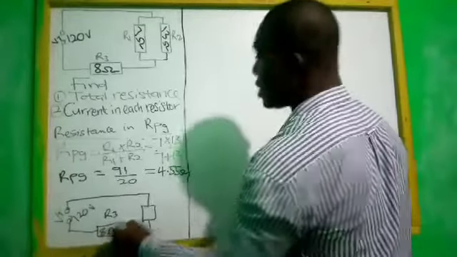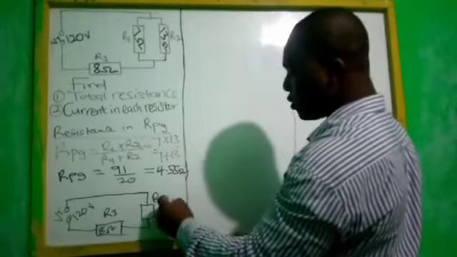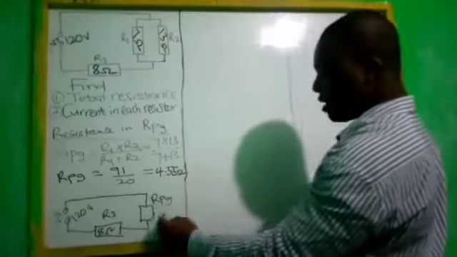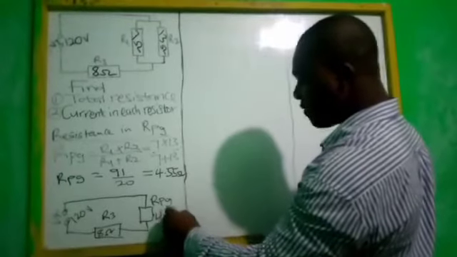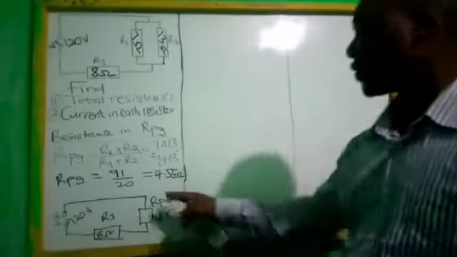Here our R parallel group becomes the answer we have here, 4.55 ohms. Now these are connected in series as we redraw.